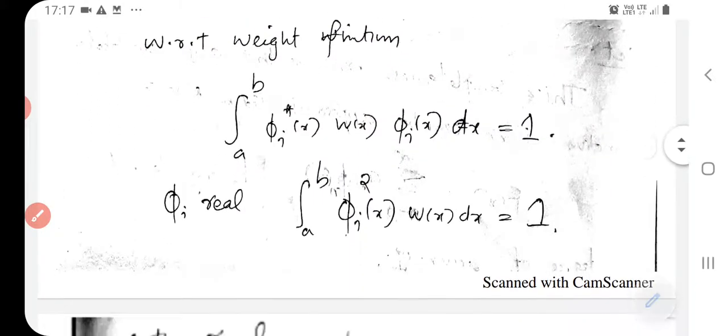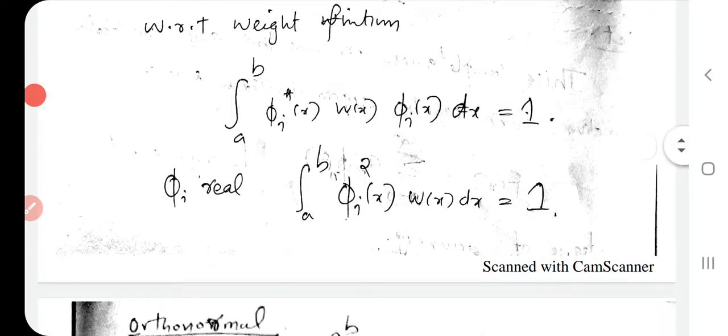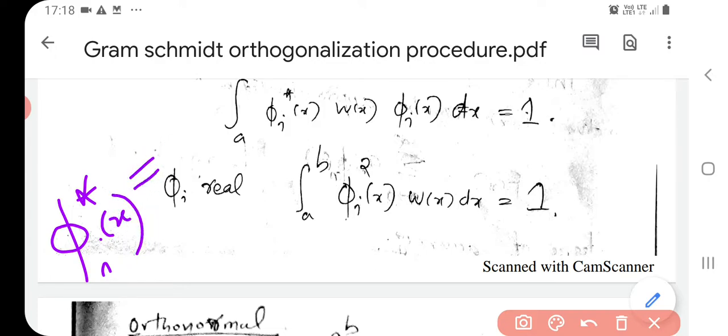And if phi i is real, then phi i conjugate, meaning complex conjugate, will be equal to phi i. There will be no change in phi i.